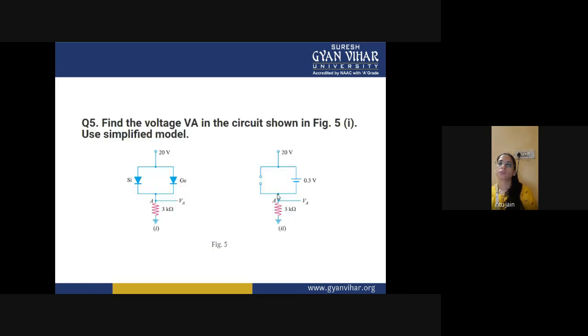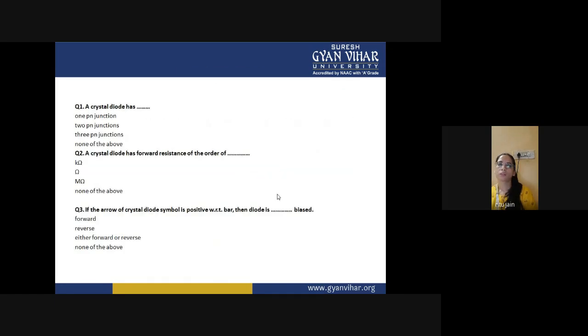So by solving these questions, you can easily understand and solve problems based on diodes. These are very simple problems, but very important for solving very complicated circuits. A few things you have to remember. One is that when the anode terminal is positive with respect to the cathode, the diode will be forward biased, and some current will flow through the diode.